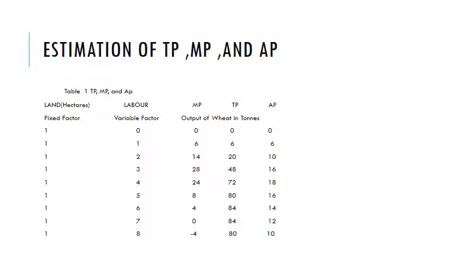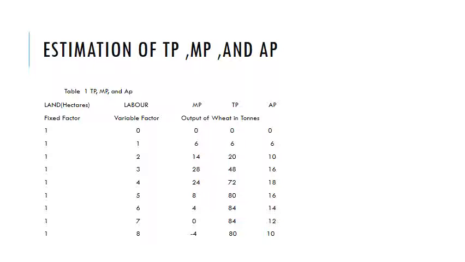Now let us learn how to calculate marginal production and average production from total production. Look at the table. Here the fixed factor is land. We utilize only 1 hectare of land, and in order to increase the production, we increase the amount of labor, that is from 1 unit to 8 units of labor.